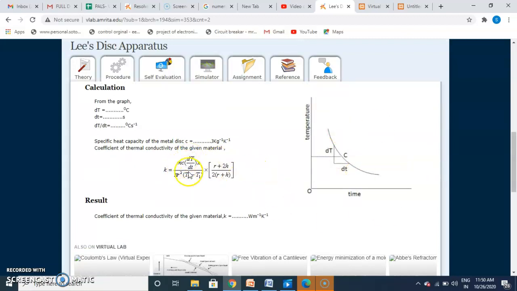By using the slope we find dθ/dt, and we know the x, so substitute all of this here. h is the height of the Lees disc. Substitute all these values in this formula, so that we will get the coefficient of thermal conductivity of the given material. What material have we used? We have used cardboard. Okay, thank you.